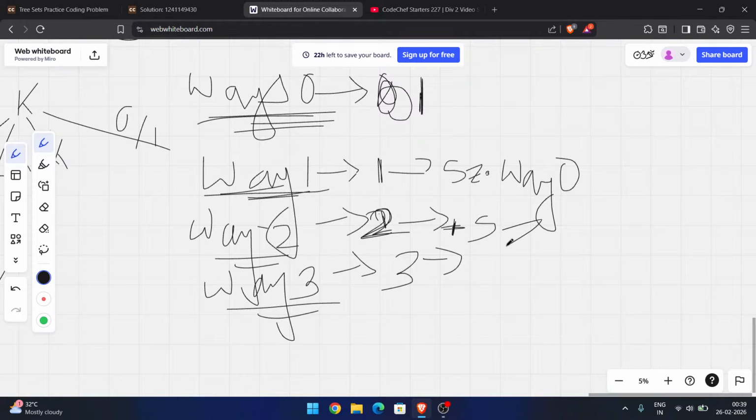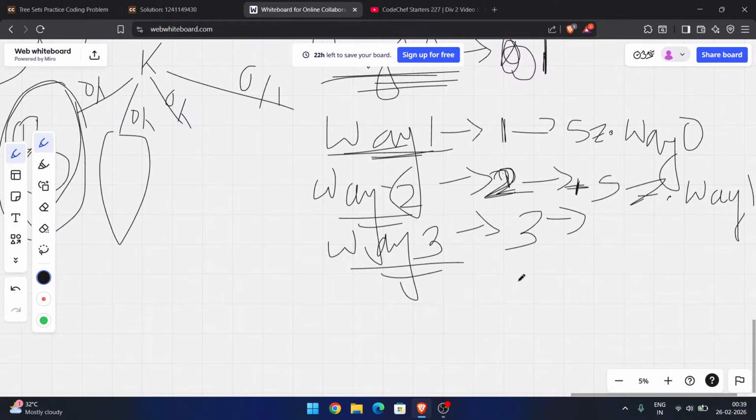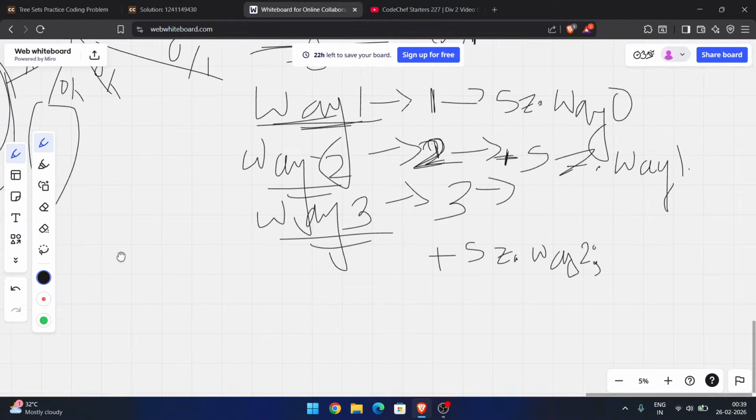So this would include size into ways 1. For 3 also, it would add size into ways 2. Okay. And what will we add to our answer? We will only add this ways 3 column.